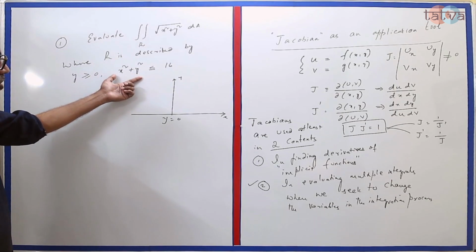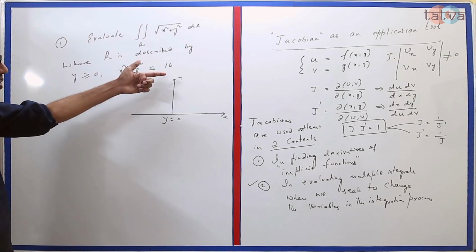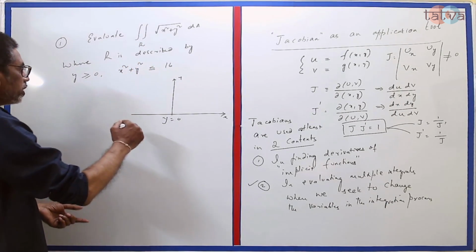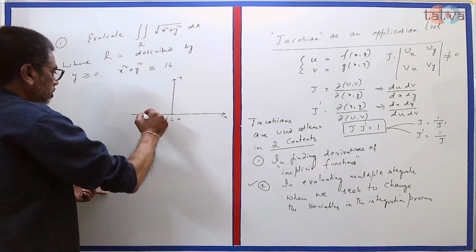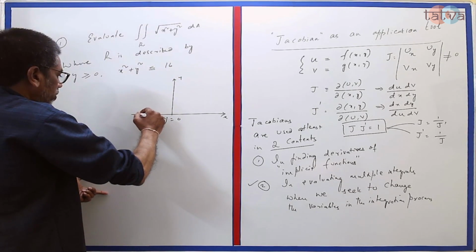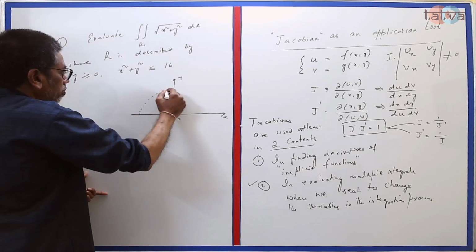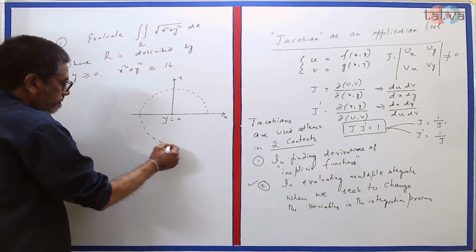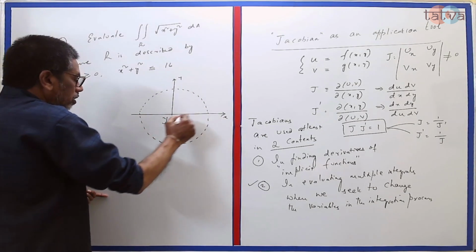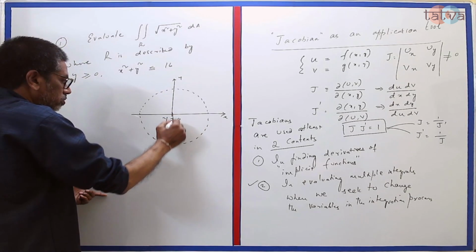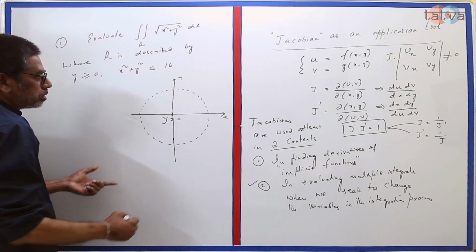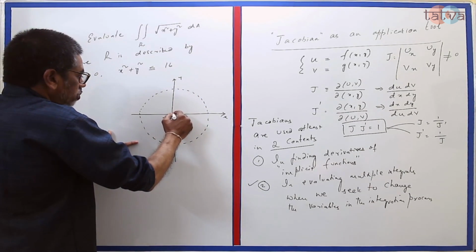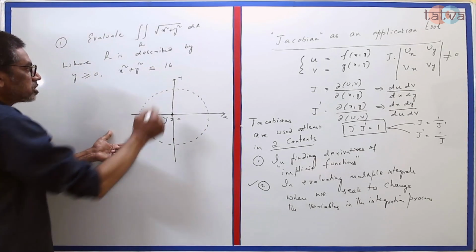And then you have x squared plus y squared less than or equal to 16. If you take x squared plus y squared equal to 16, that would be a circle with center at the origin and radius 4 units.